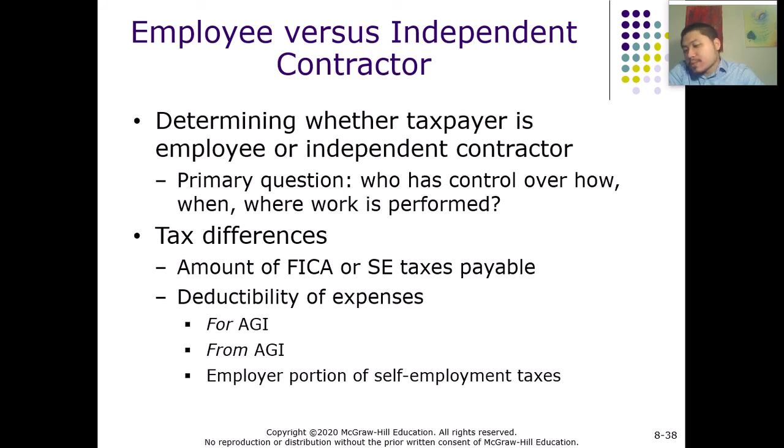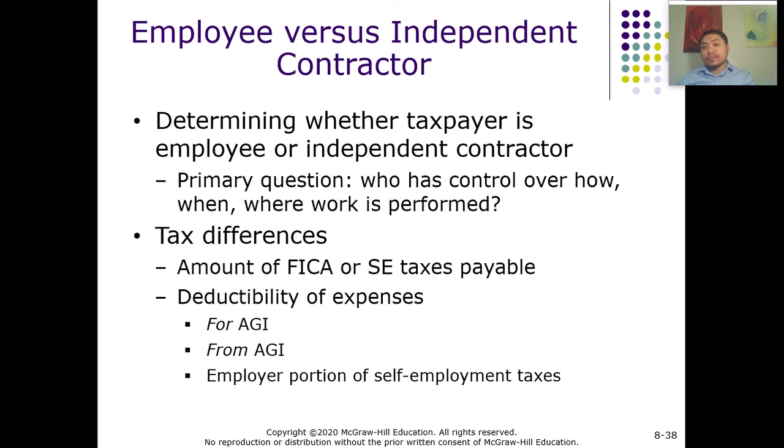So, whether or not the taxpayer sets her own working hours, whether or not the person works part-time, whether or not the person works for more than one firm, whether or not the person realizes either a profit or a loss from the activities, whether the taxpayer performs work from somewhere other than an employer's premises, whether the taxpayer works without frequent oversight.